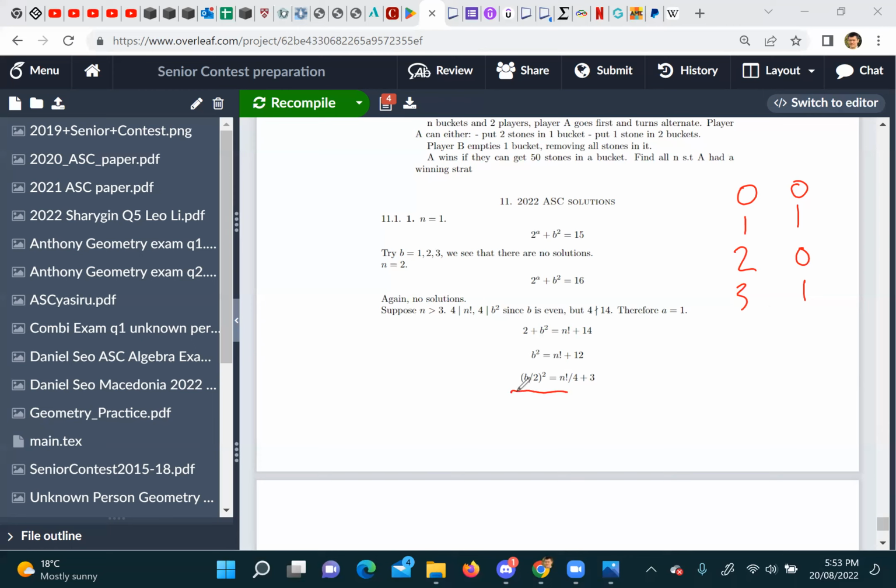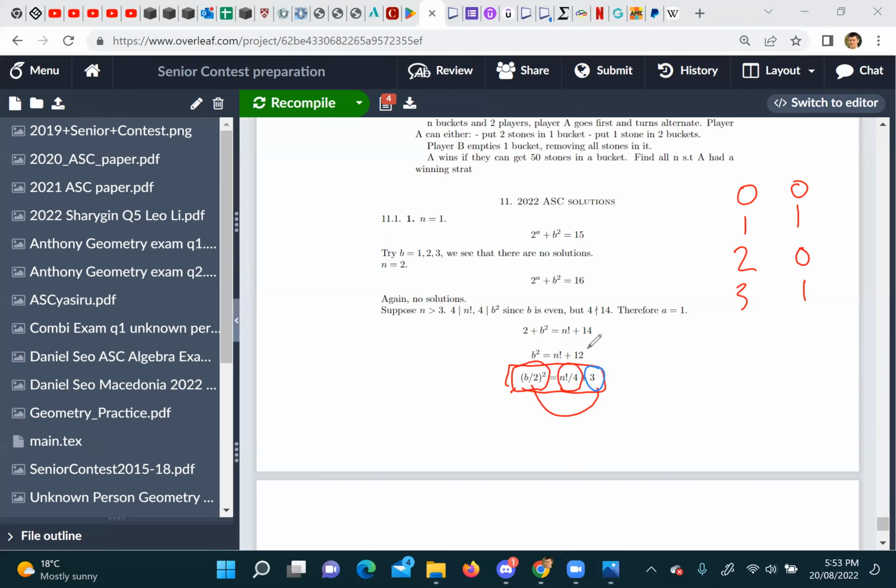So if you take this equation mod 4, then basically, because this is a square, right? If this number is divisible by 4, then this square is equal to 3 mod 4, right? See that? So if n factorial over 4 is divisible by 4, then b over 2 squared equals 3 mod 4.